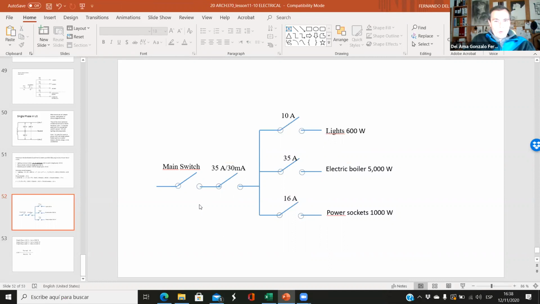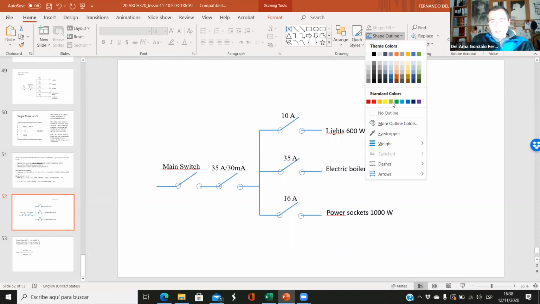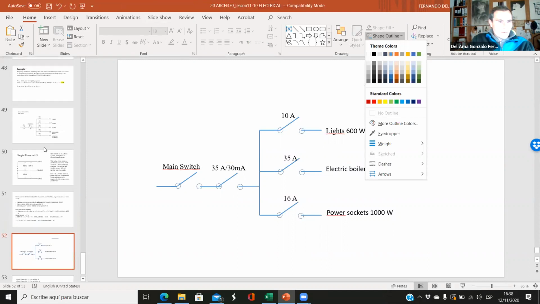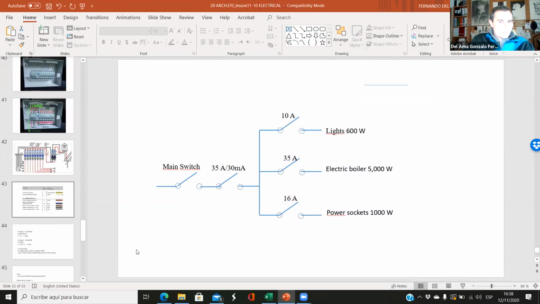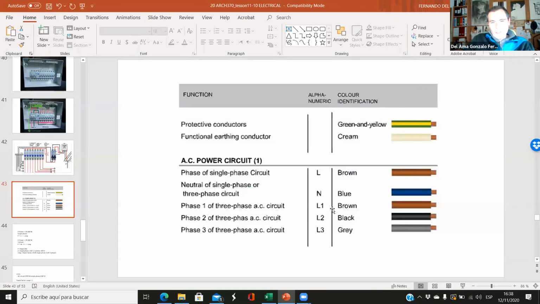If we want to give even more information about this, we can have a color code. So we can have a line. Let's say we have the color code here. Lines are brown, black, and gray.